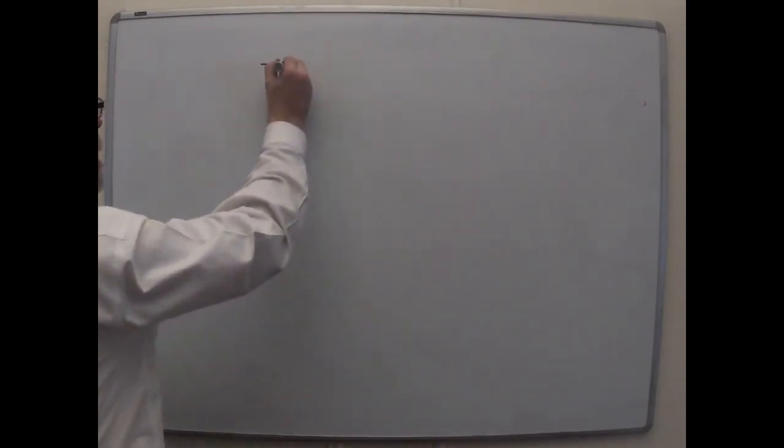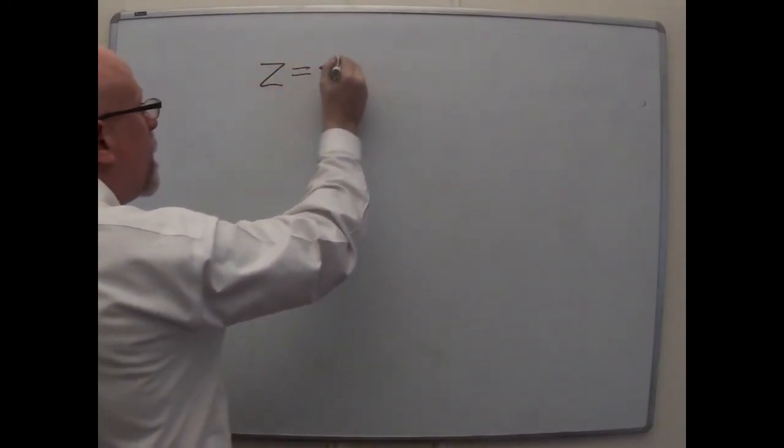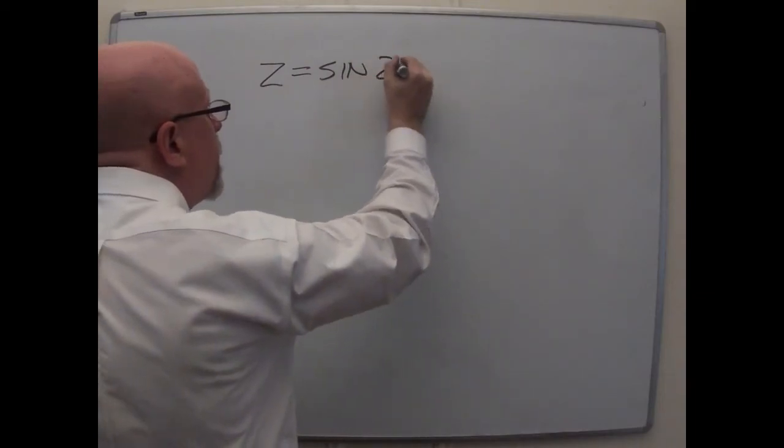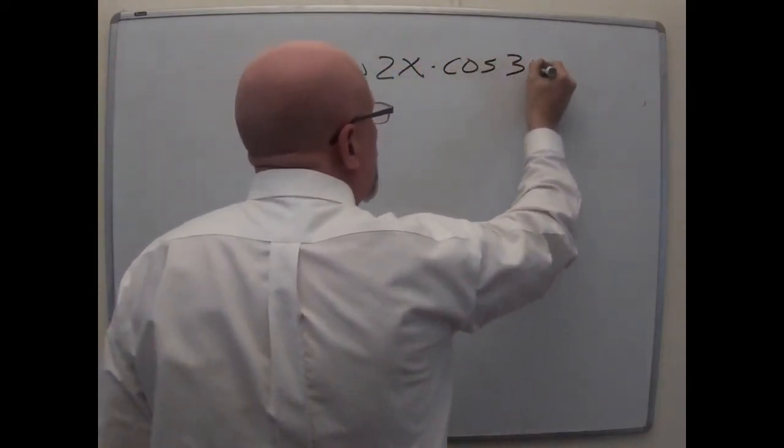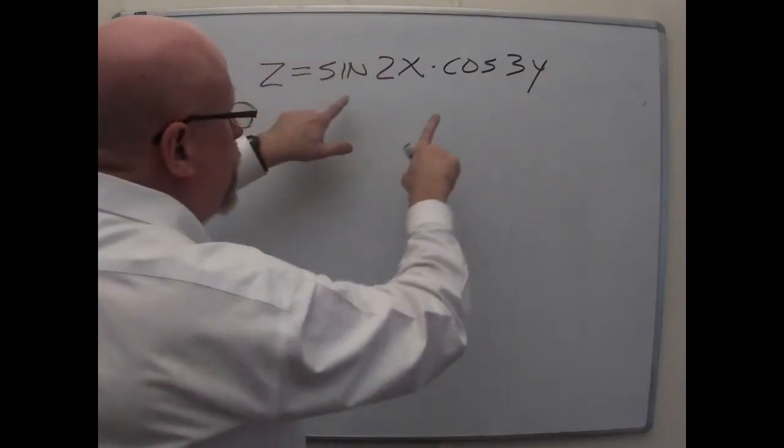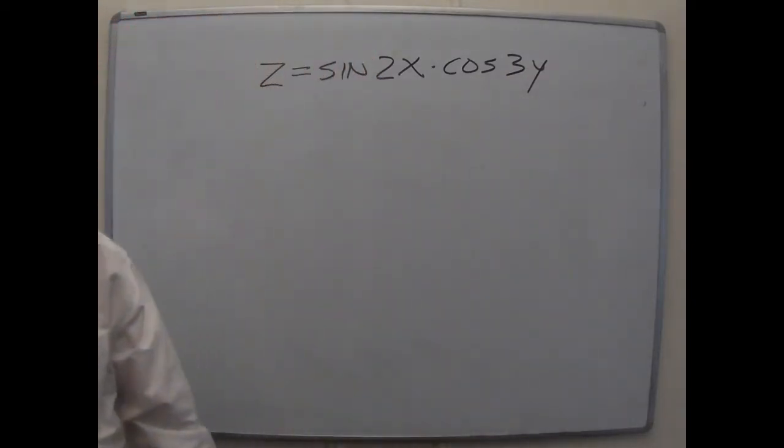I'm going to go through example 2 in the book, in section 15.4, where z is equal to the sine of 2x times the cosine of 3y. You see how z is a function of x and y? Great.